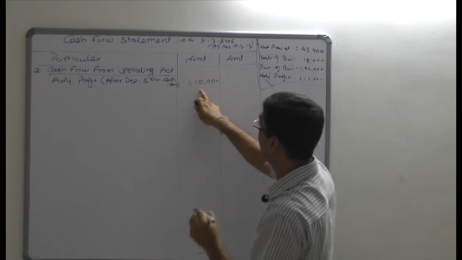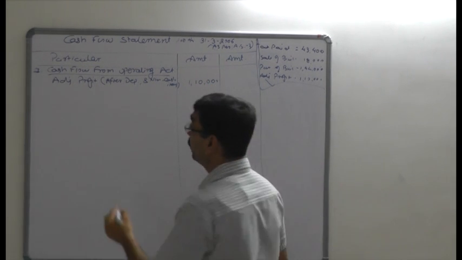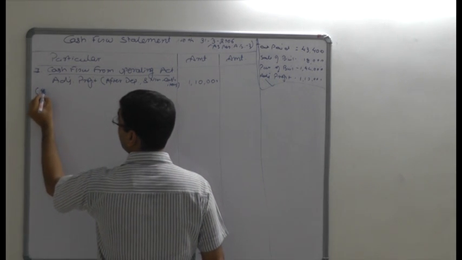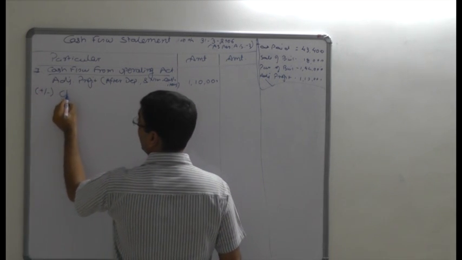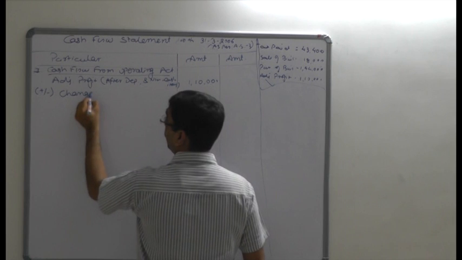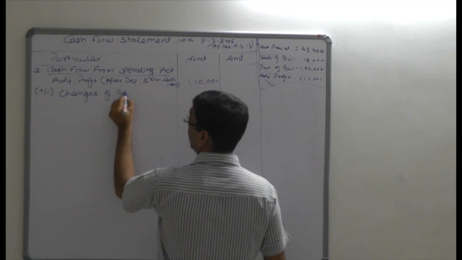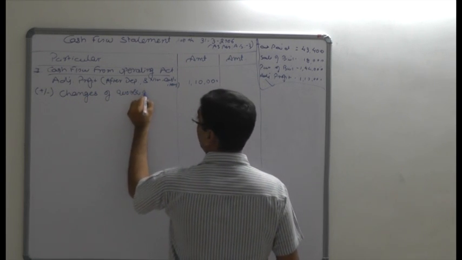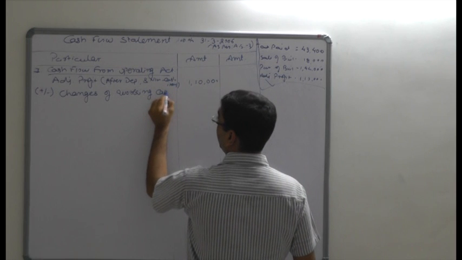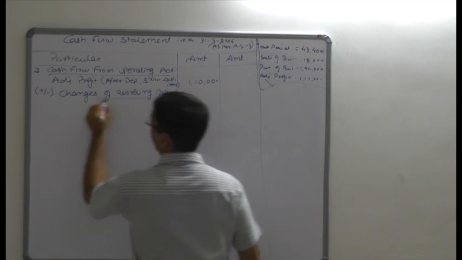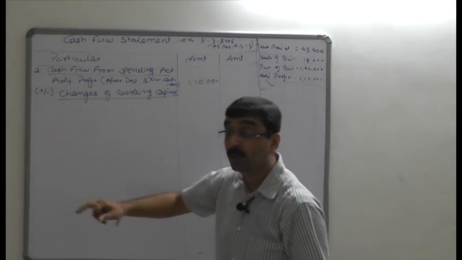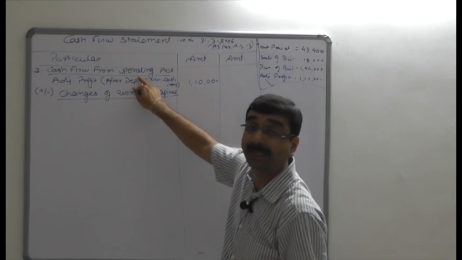So this is already considered here. Now we will write plus or minus changes of working capital. So we need to identify the changes of working capital affected here under this banner, and this is also to be recorded under the operating activity only.